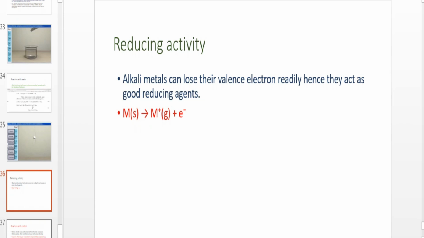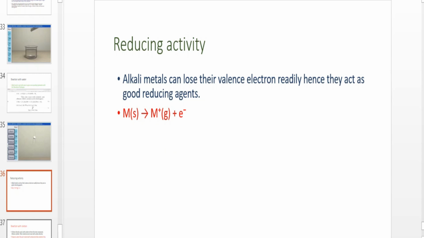That indicates the solution is basic in nature. Next, reducing activity. See, alkali metals have a tendency to lose their valence electron and it is oxidized, and this element enhances the reducing reaction. Okay, what is reduction? Gain of electron is reduction.